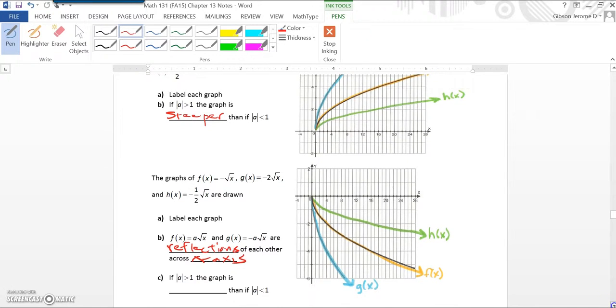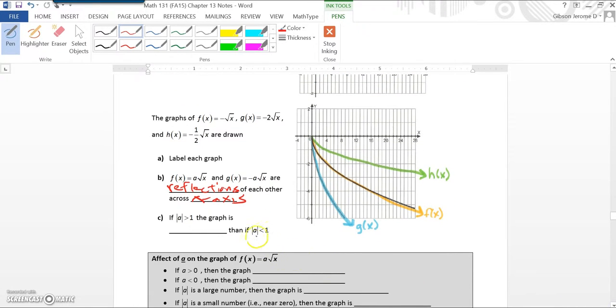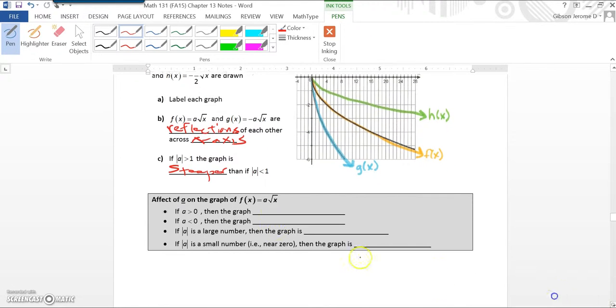Now we come here to C. It says if the absolute value of a is greater than 1, the graph is steeper than if the absolute value of a is less than 1. Now we want to take a look at the effect of a on the graph of f of x equals a times the square root of x.